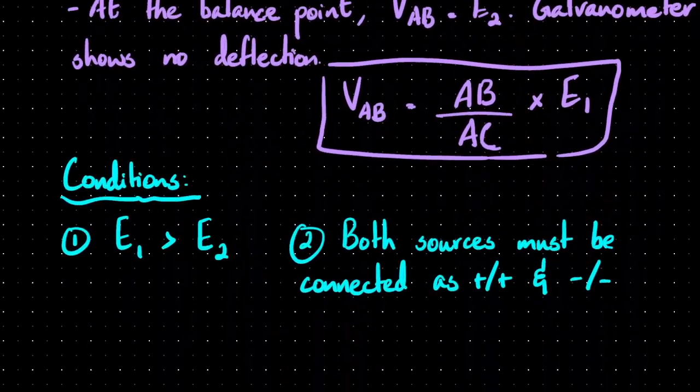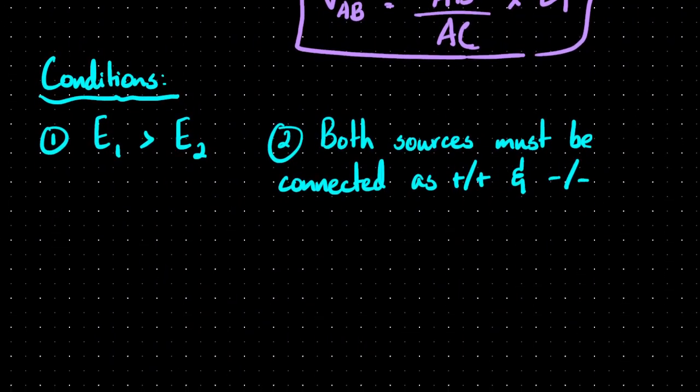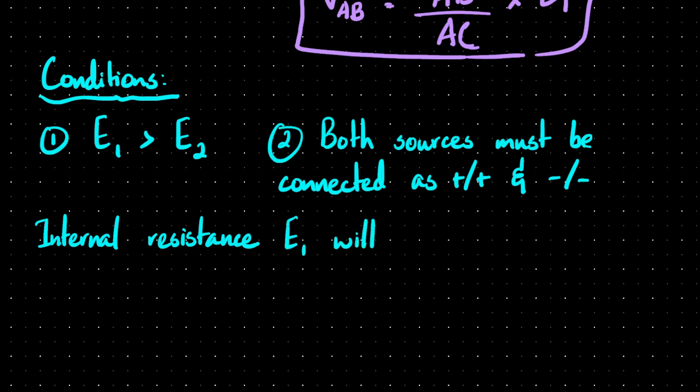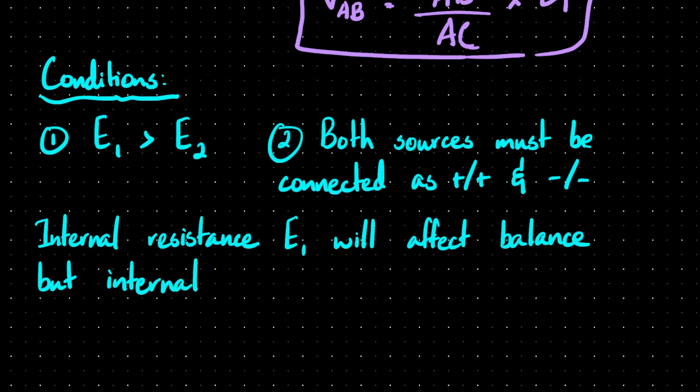So the internal resistance of E1 will affect the balance point, that length at which we know that no current would flow in the galvanometer, but the internal resistance of E2 will not.